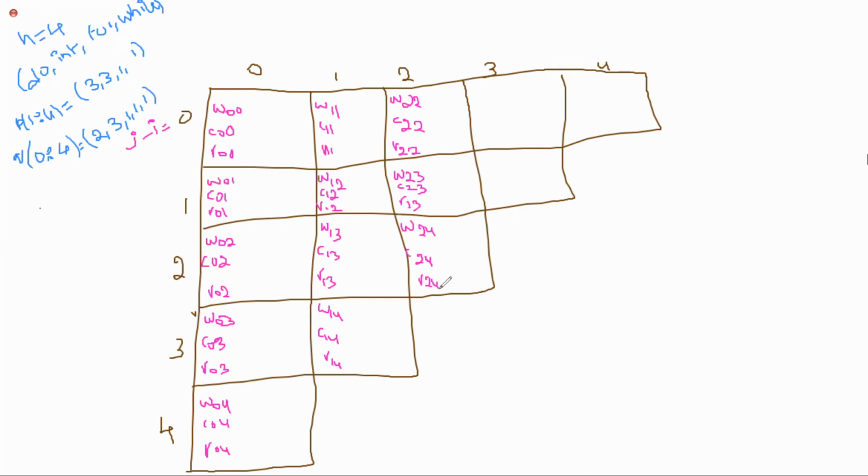So W24, C24 and R24, since 4 minus 2 is 2. Here the difference is 0, so W33, C33, R33. Here the difference is 1, right? So it is W34, C34, R34. Again here the difference is 0, so it is W44, C44, R44.